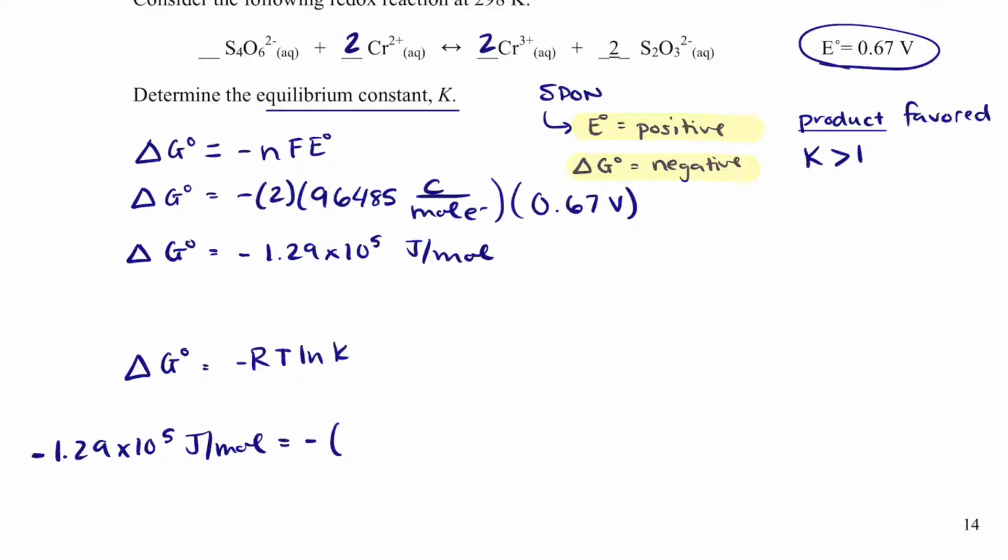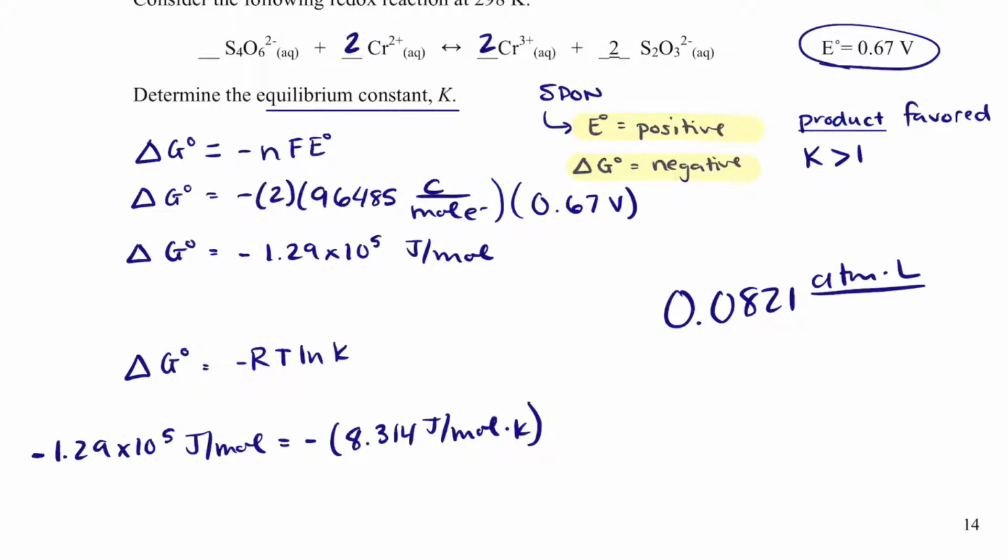R here is 8.314, and if you're ever in doubt of which R to use, the R 0.0821 atmospheres times liters divided by moles times Kelvin is only used for gas laws. And hopefully you can recognize that this is not a gas laws problem, so we don't need to use that.